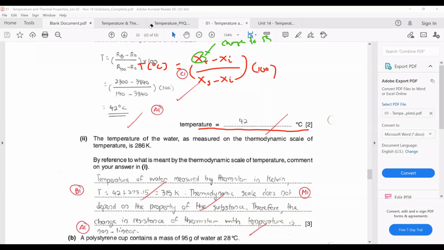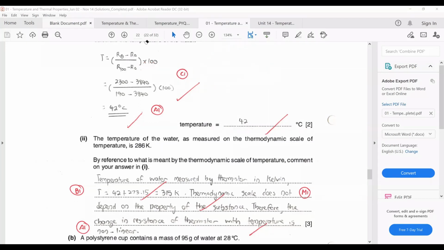Let me just go and write something in. The temperature in degrees centigrade was measured as 42 degrees centigrade. But then when I change to Kelvin, this one will become 315 Kelvin.